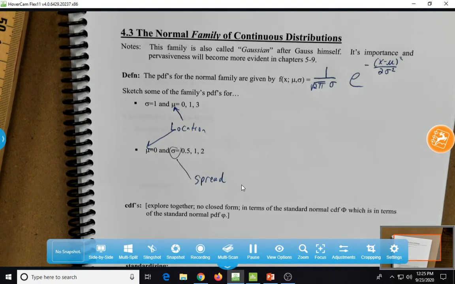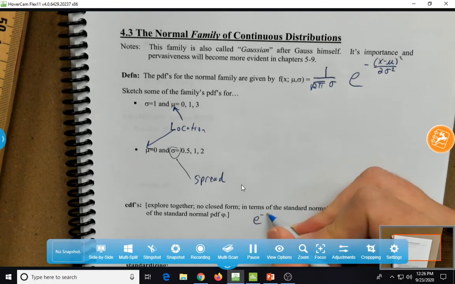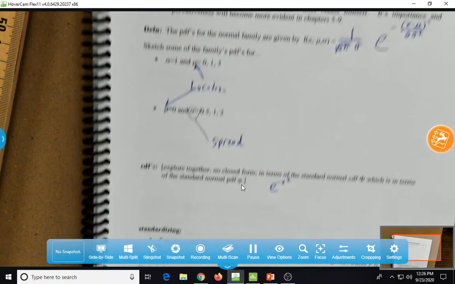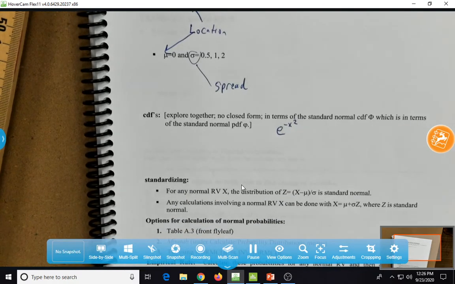Okay, so the CDFs, the cumulative distribution, then means, okay, let's take a look at e to the minus x squared. What's wrong with e to the minus x squared, particularly for calculus 2 purposes? That's my PDF. I'd like to have a CDF. What's wrong?